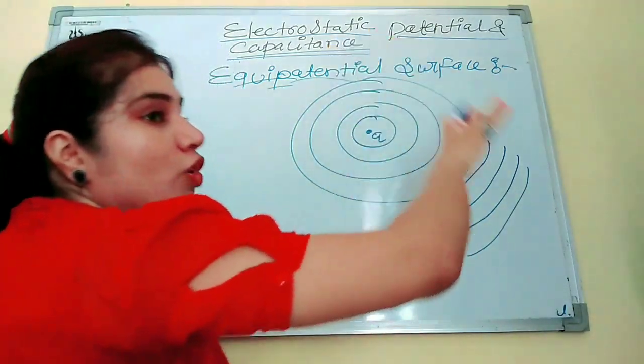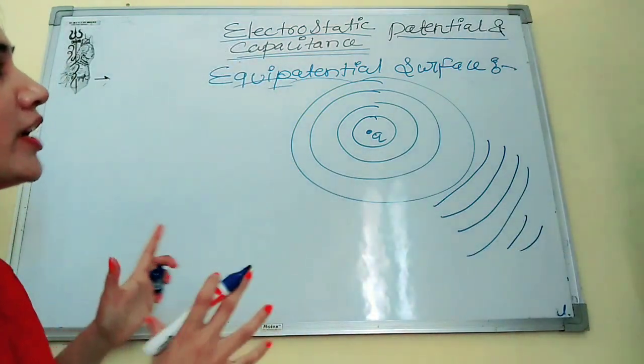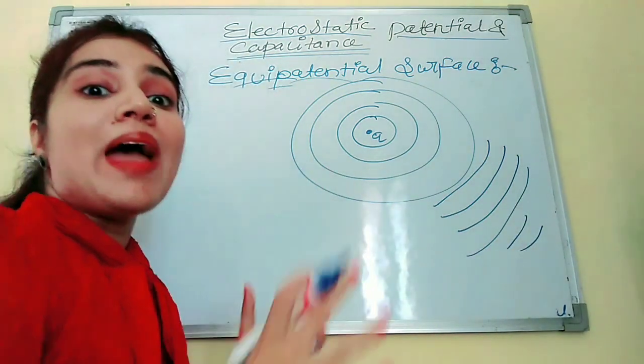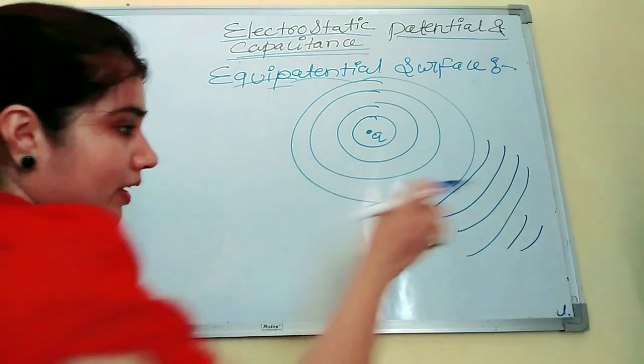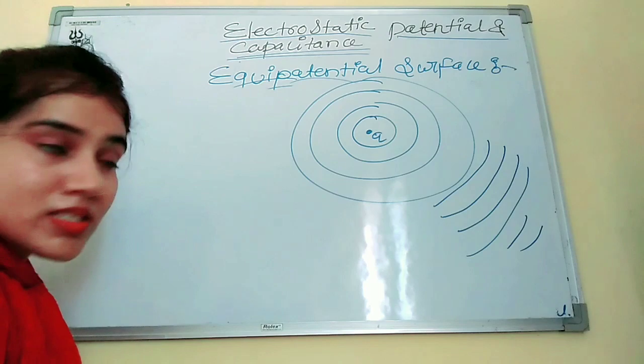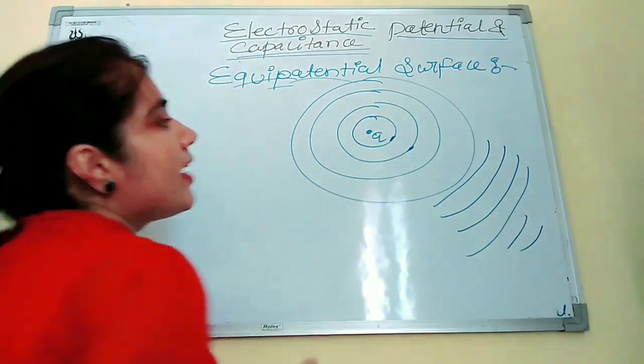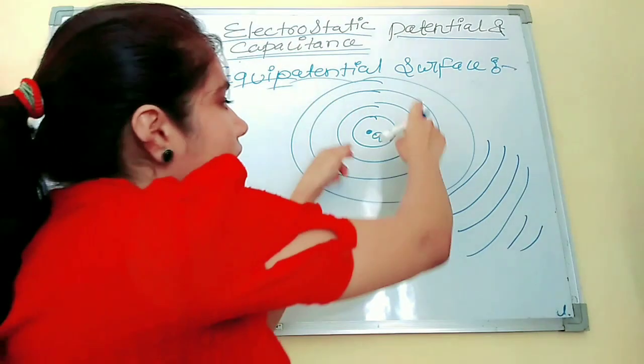If we go far away, we will get parallel lines. So equipotential surfaces appear in the form of parallel lines. Here it is also making parallel lines, but in the form of a curve.